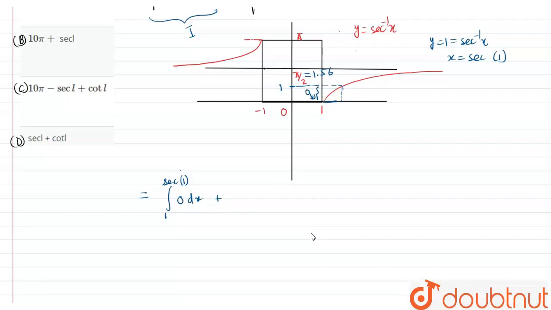And similarly, from sec of 1 onwards to 10 pi, the greatest integer part of sec inverse x will be 1. So this becomes 10 pi minus sec 1. This is our first part.